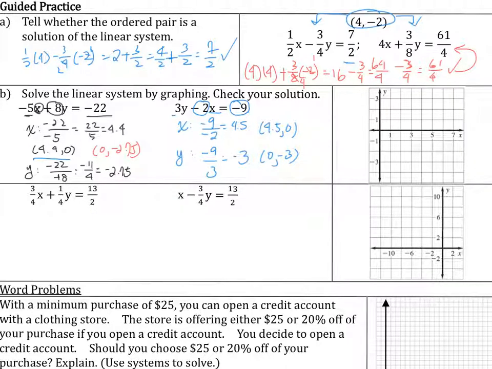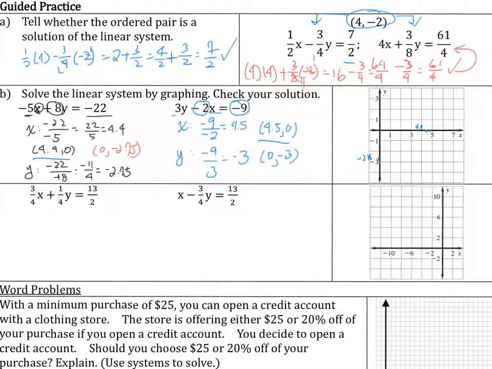I'm going to begin with (4.4, 0), about here. And then (0, -2.75). And then for this equation, (4.5, 0) should be about here. And (0, -3). And we can go ahead and graph.